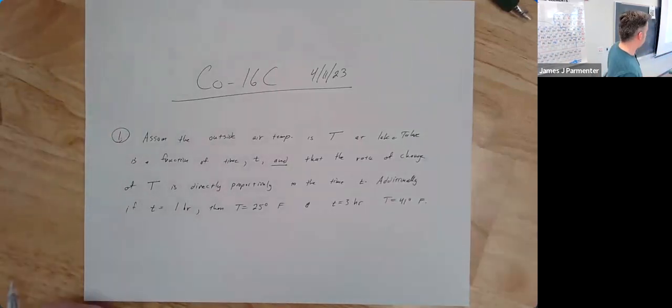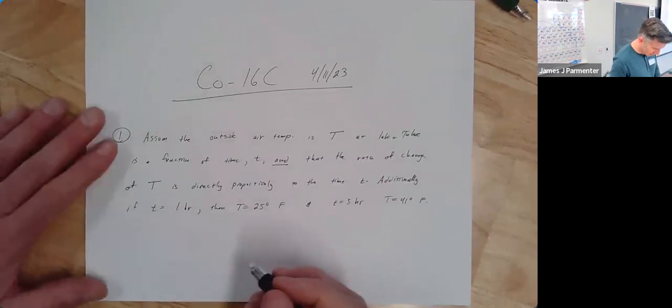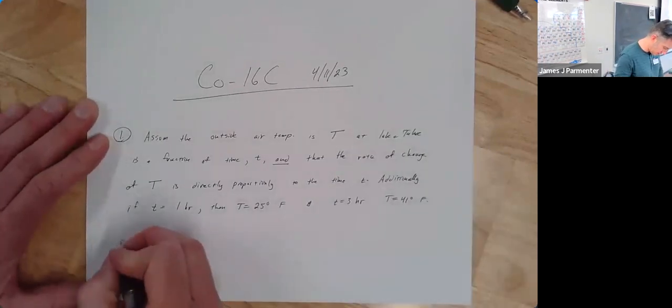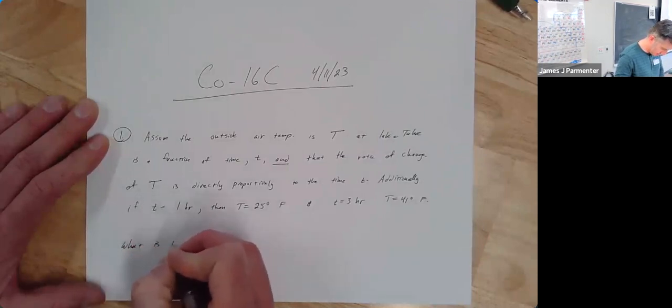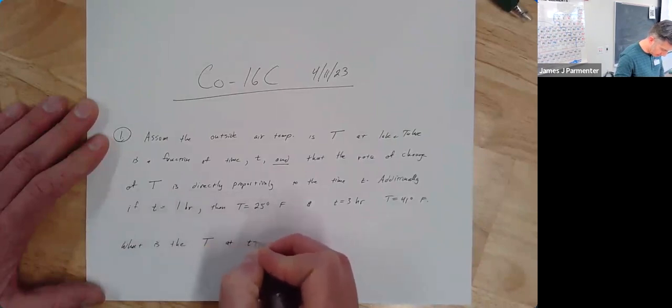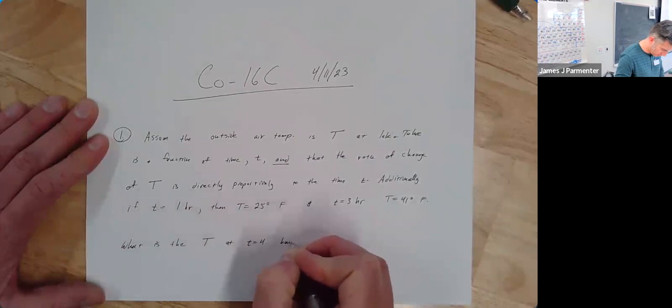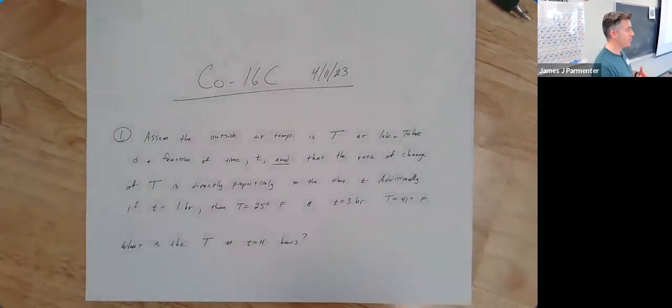We're going to break this out into a few different things, but basically the real end question we want to answer is, what is the temperature at time equal to 4 hours? Now, there's a lot of buildup in between, but that's the gist.